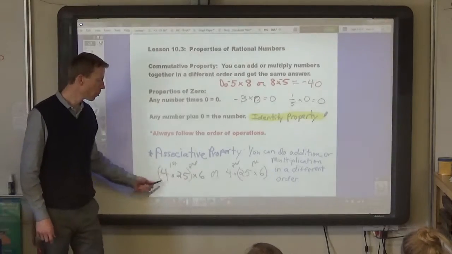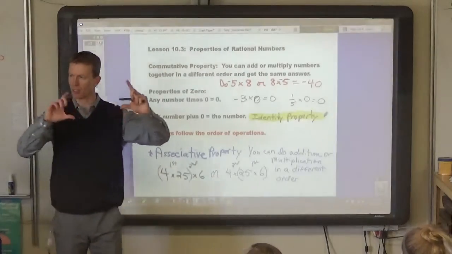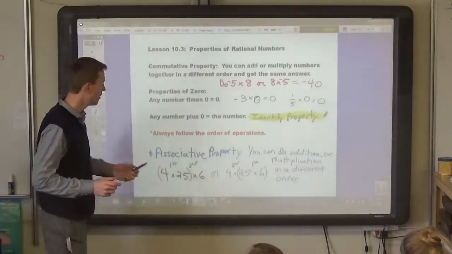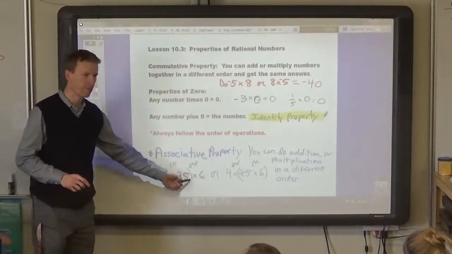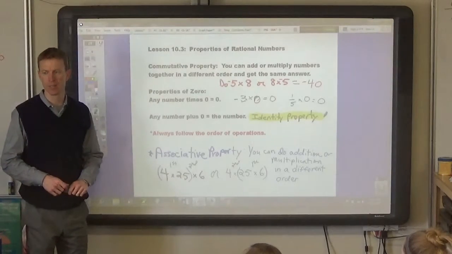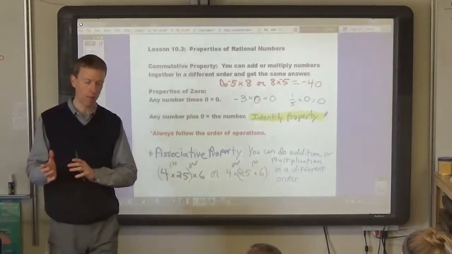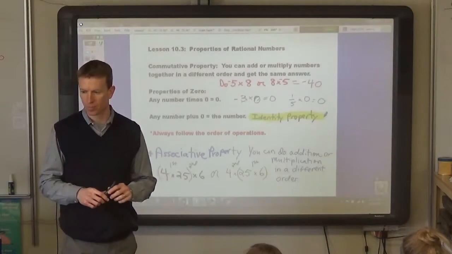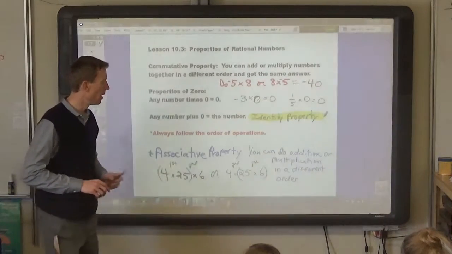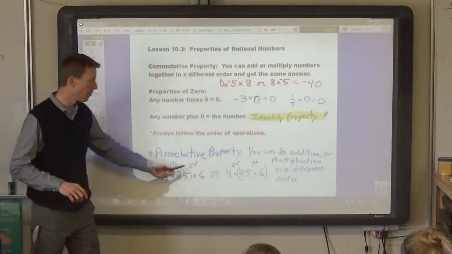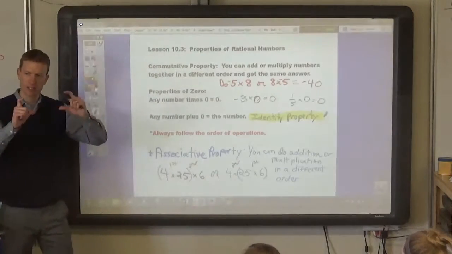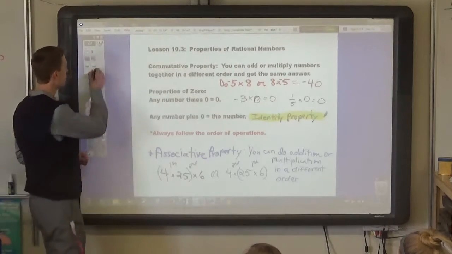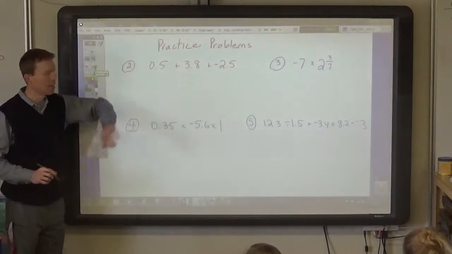By moving the parentheses, that's the associative property. You should look for parentheses. Now, not every problem with parentheses is the associative property, but the associative property often has parentheses that are moved from one thing to the other.